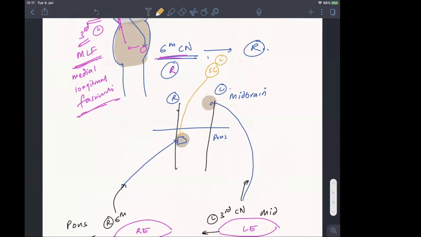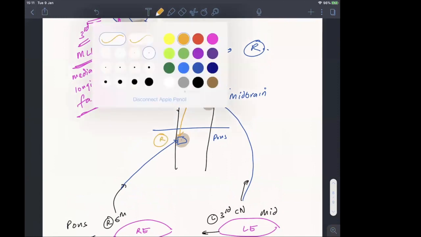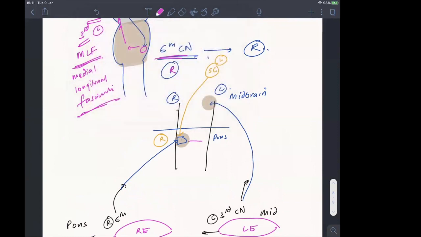Your left superior colliculus, the command will come to your right sixth cranial nerve. And from your right sixth cranial nerve, the command will cross again and go up to your left third cranial nerve. And this is called as MLF. Fine. So there is basically a double crossover.